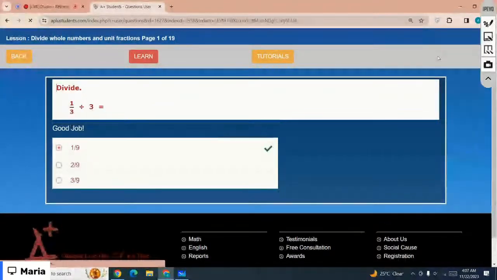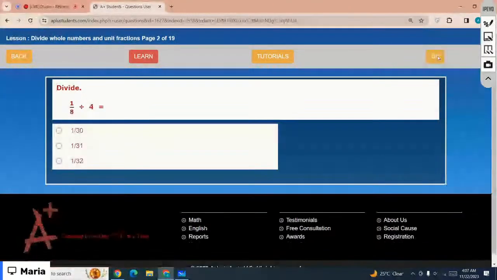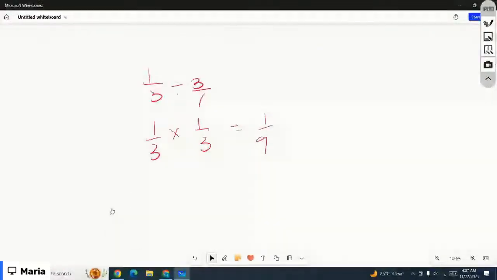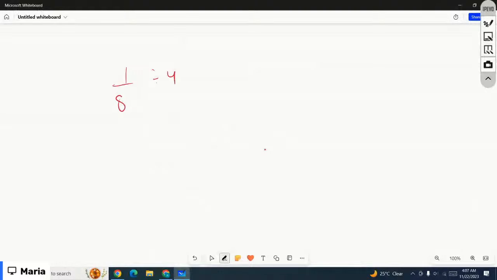Okay, the next one is divide 1 over 8 divided by 4, which is the correct option? That is 4 over 1, right? Replace the division sign with multiplication and take the reciprocal of the term after.